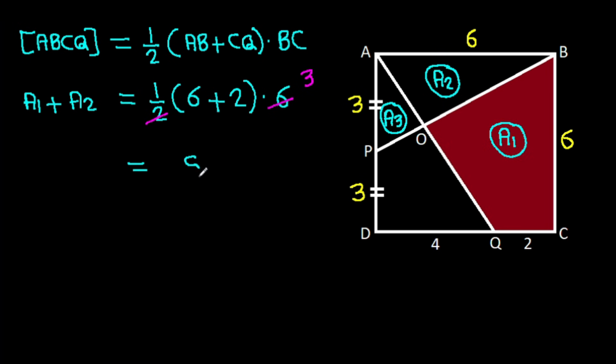So it is 8 times 3, that will be 24. So A1 plus A2 is 24.